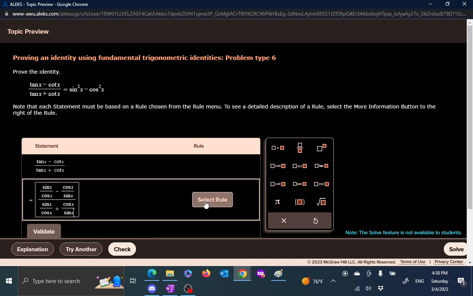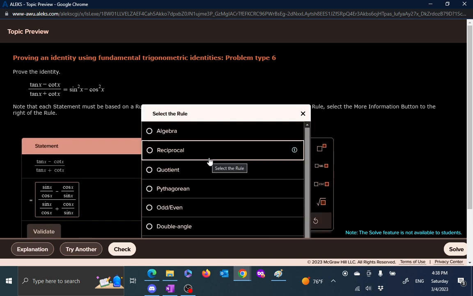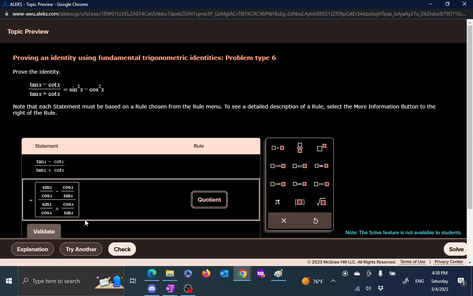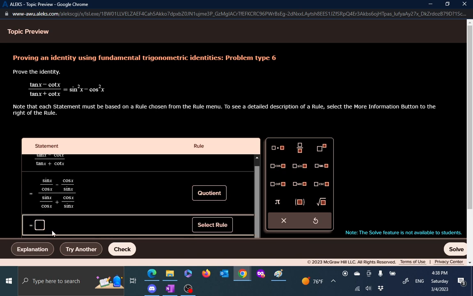So what did we do? Let's see if the software allows us to do 4 substitution at the same time. We used quotient identities all the way through. So this should be okay. Let's see if you are passed through. So that was fine.